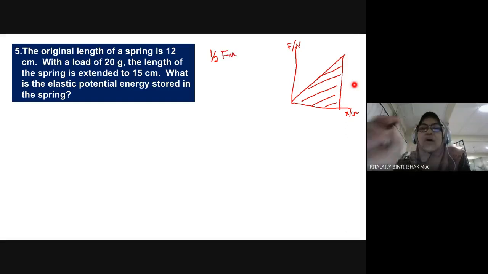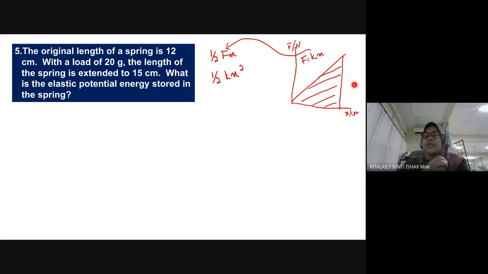Or we know the linear graph formula is F equals kx. So if we substitute F equals kx in this formula, the next formula is half kx squared. Both are formulas to calculate elastic potential energy.